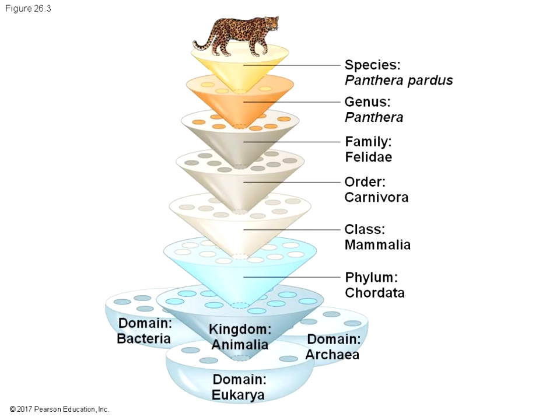So here, this gives you an idea of going from very broad down here at the bottom to very narrow at the top, looking at an individual species. This particular organism comes from the domain Eukarya because it's made up of eukaryotic cells.